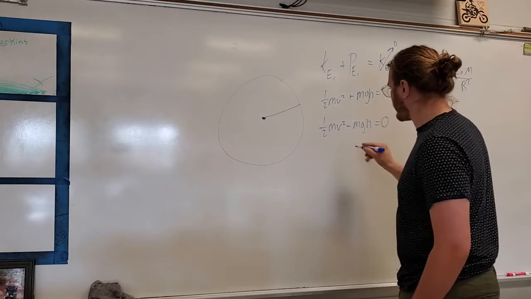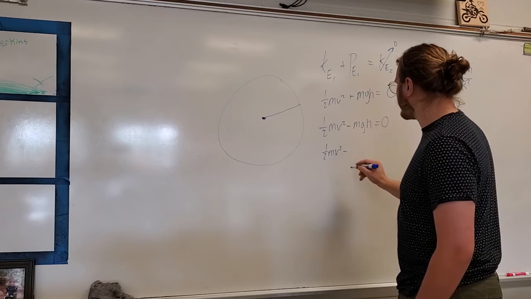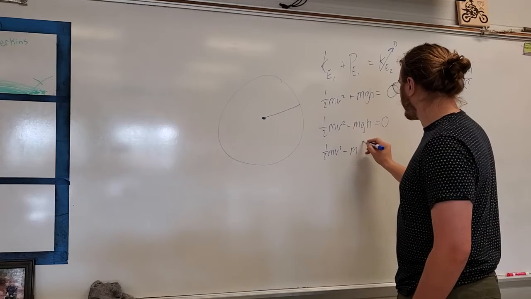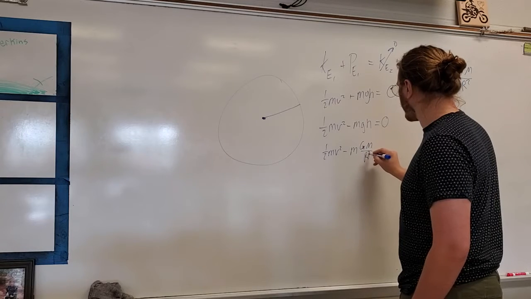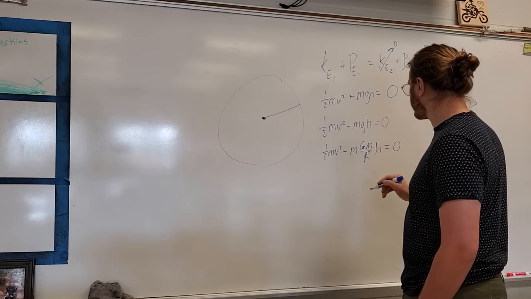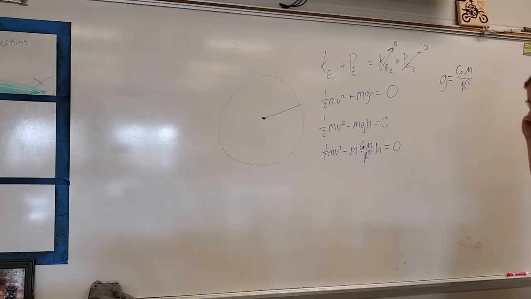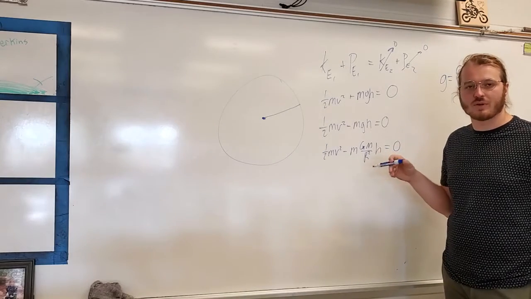So if we plug that in right here, we'll get 1/2 mv squared minus m G M over r squared times h equals 0. Now, remember, really what r squared is our distance. R squared is our distance from the center of gravity.